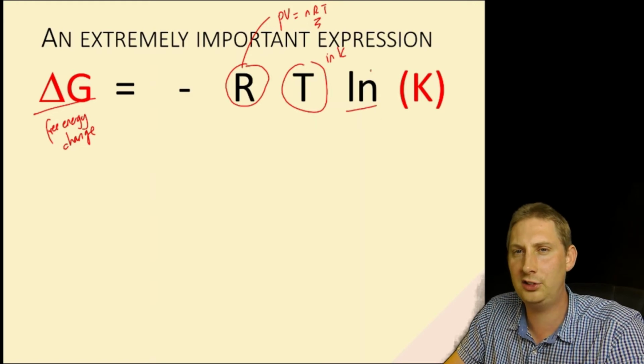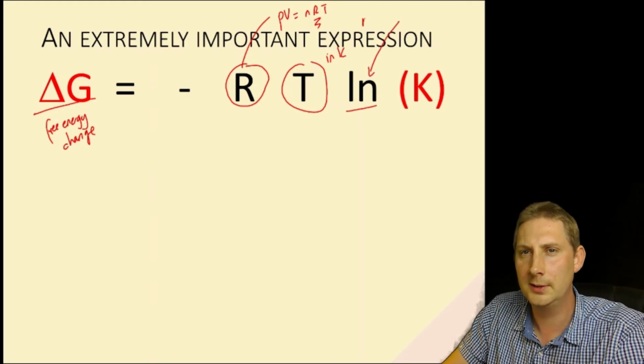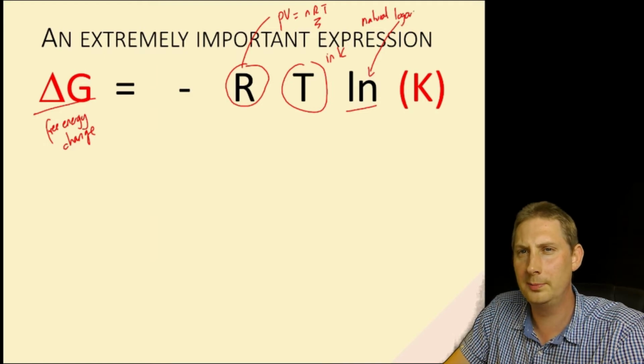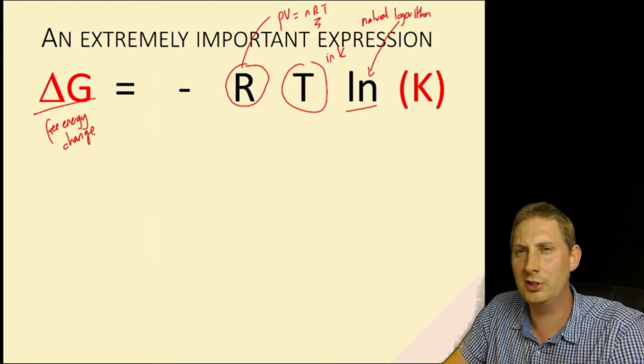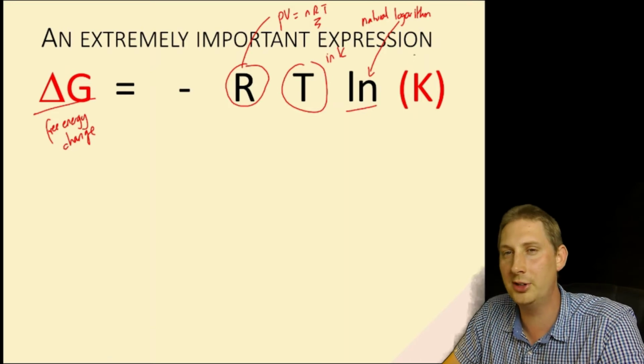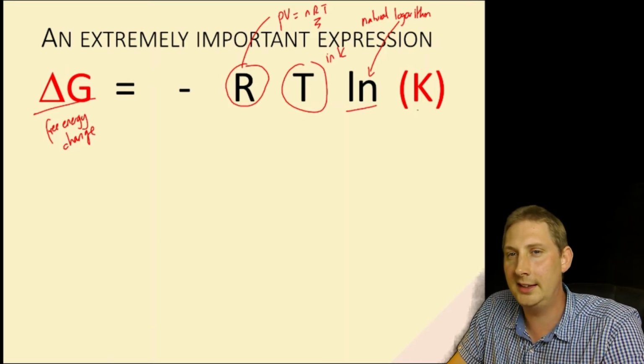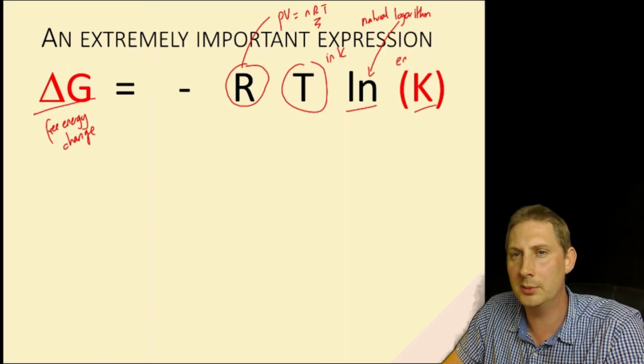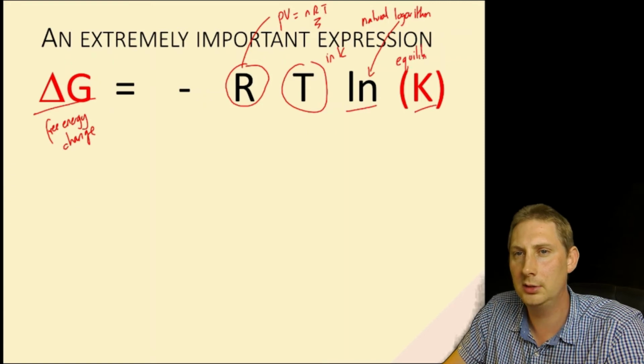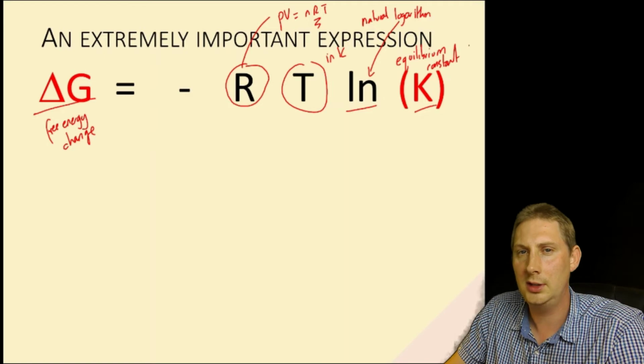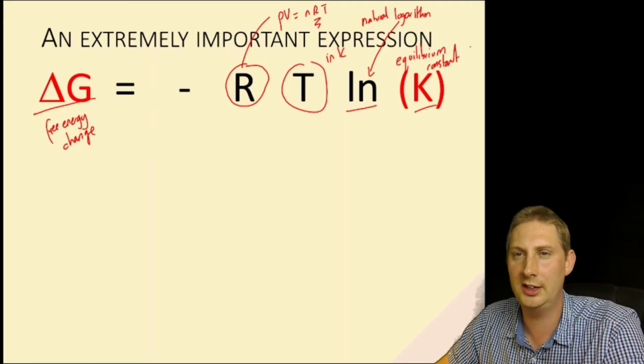Log, natural log, so the natural logarithm. And if you're wondering what on earth is that, probably you don't want to go any further. And K, which is the equilibrium constant. And that is the really important expression.